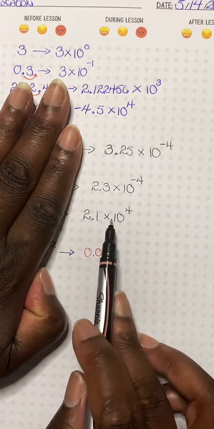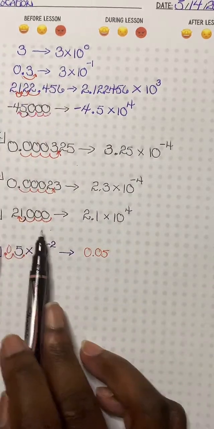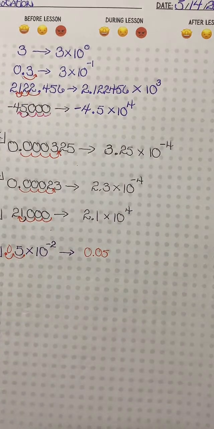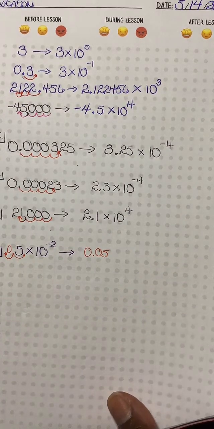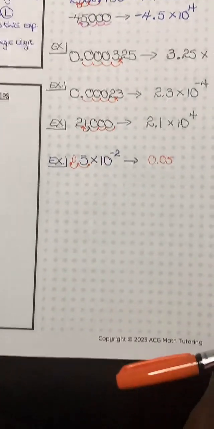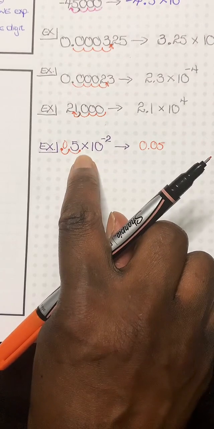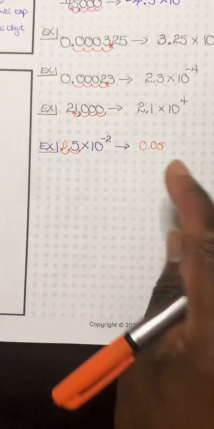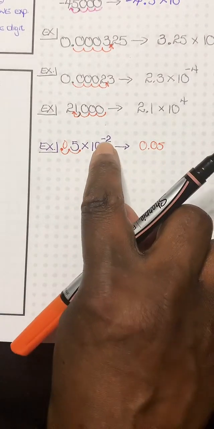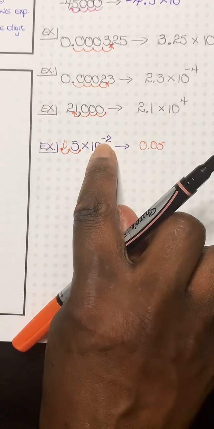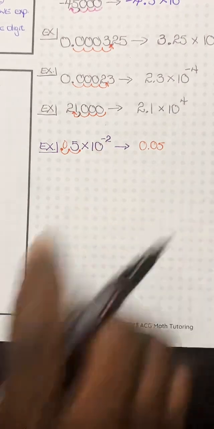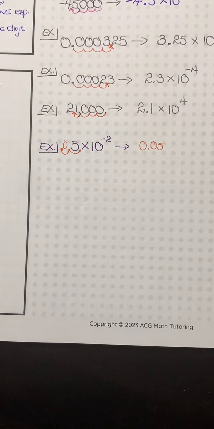So I need to go 4 times to the right. That's how we got this number. So when you're trying to get it out of the scientific notation and make it into its original state, the sign will tell you if it's going to be a small number or a large number. Okay?